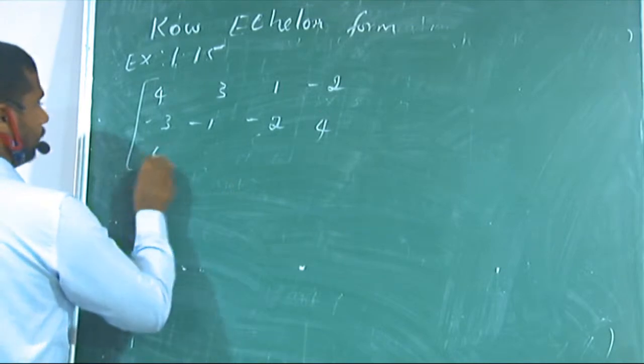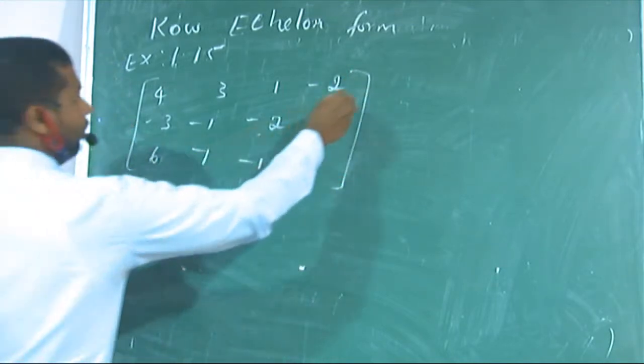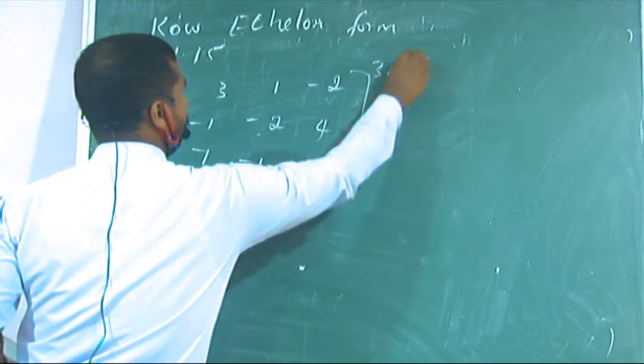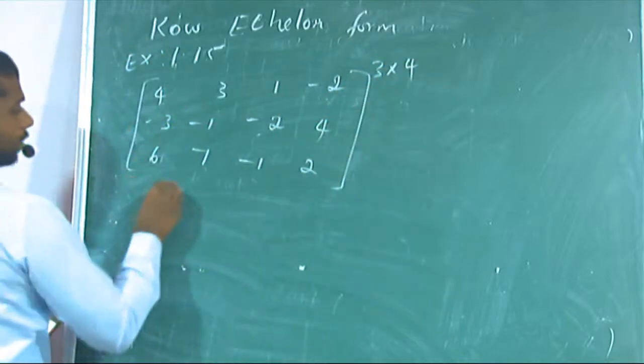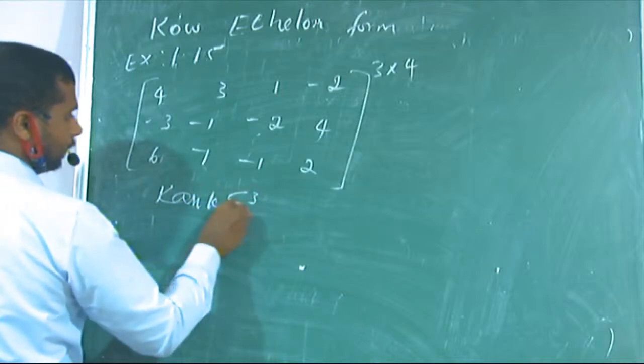Then 6, 7, minus 1, 2. So there are 3 rows and 4 columns. Consider the minimum, so the rank is 3 or less than 3.